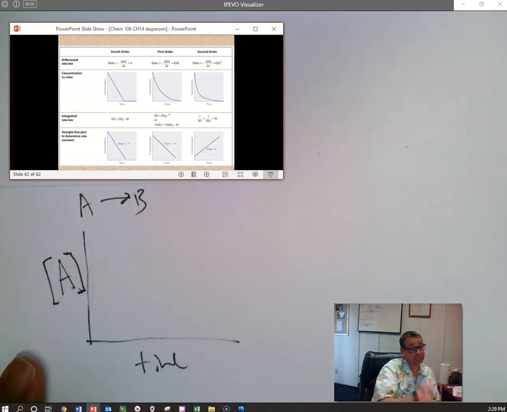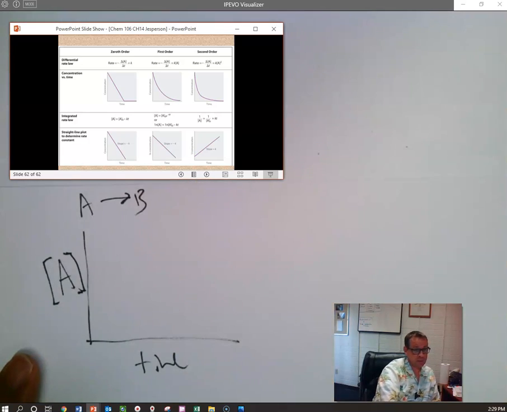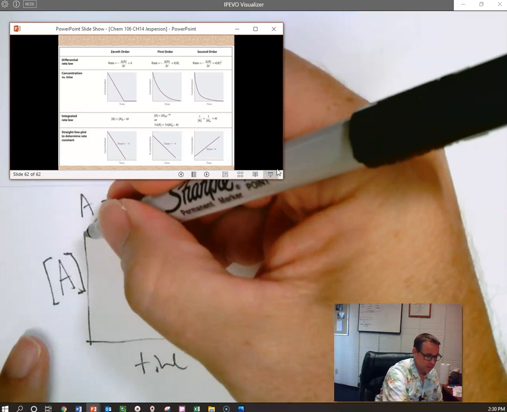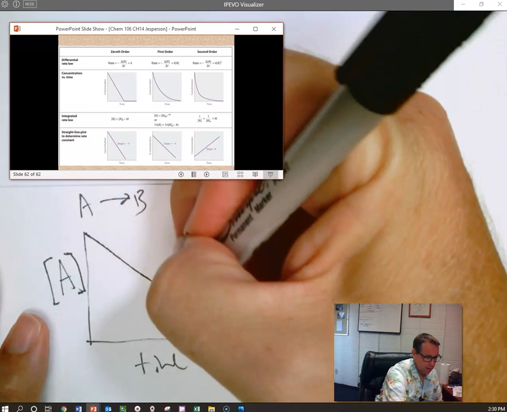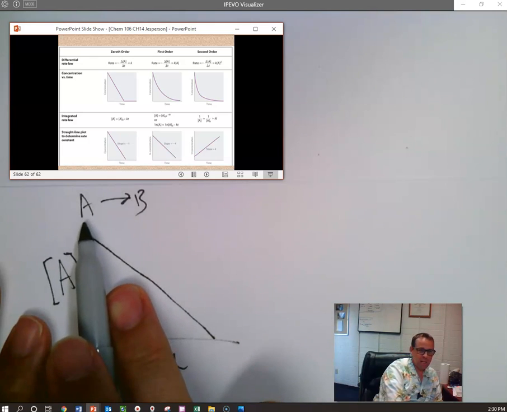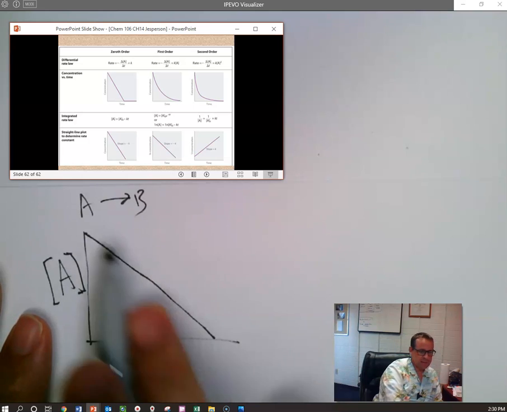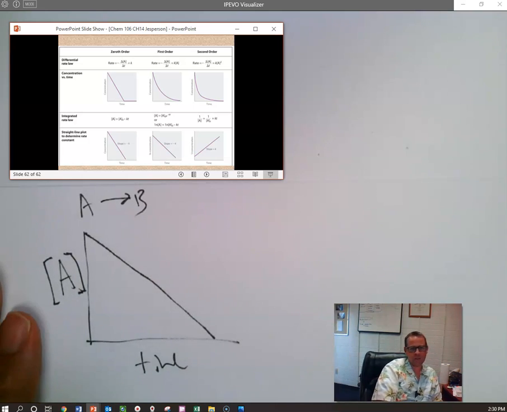It's going to decrease. That's right. The concentration is going to decrease, get lower, right? The concentration is going to lower over time. Now, we talked about how the decrease might be linear, right? And if it's linear, that means that it doesn't matter how much A there is, the rate or the slope of this line is the same throughout the whole reaction.